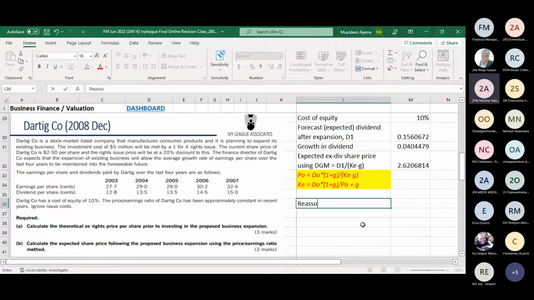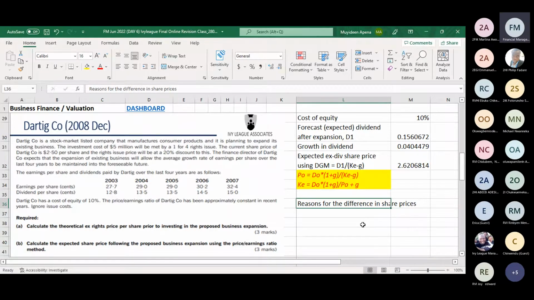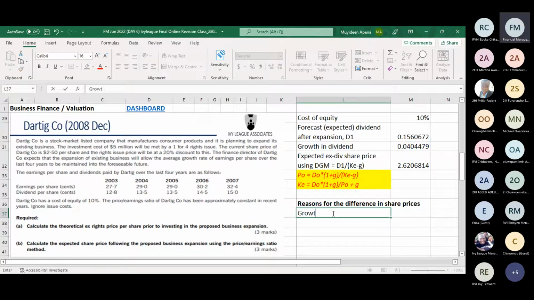The growth in dividend. All right, what is the lady talking about? I'm listening now. It's a growth in dividend.